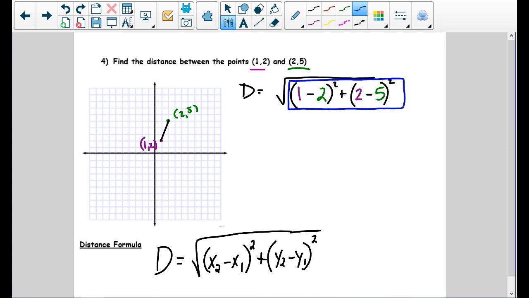So you're going to plug it in just like you see it: parentheses 1 minus 2 parentheses squared plus parentheses 2 minus 5 parentheses squared. Now remember, for the squares, there's an x2 button, right? So that's what you use in there.